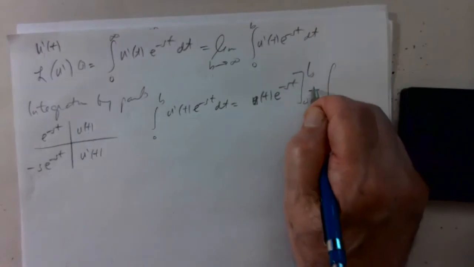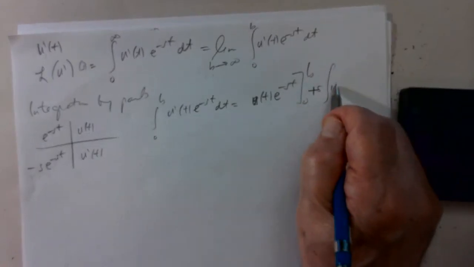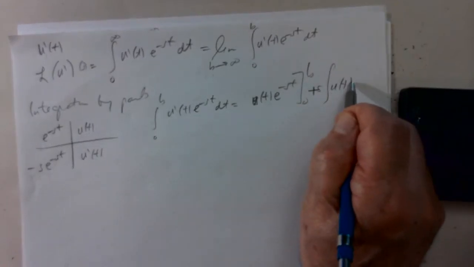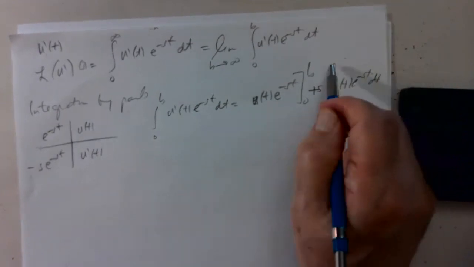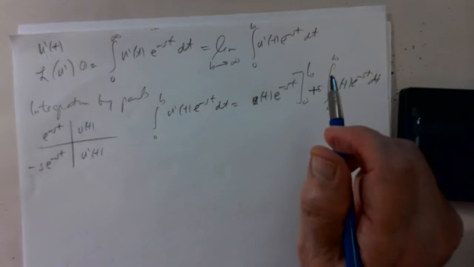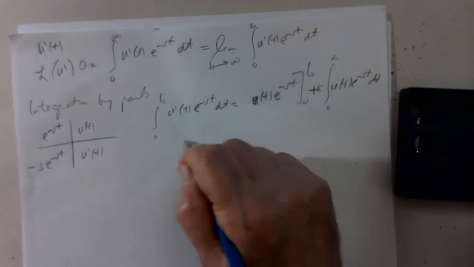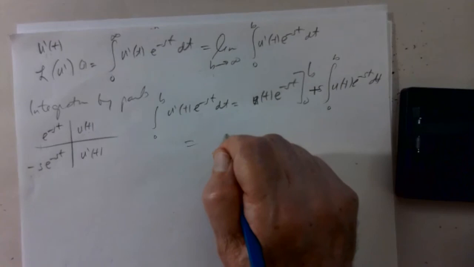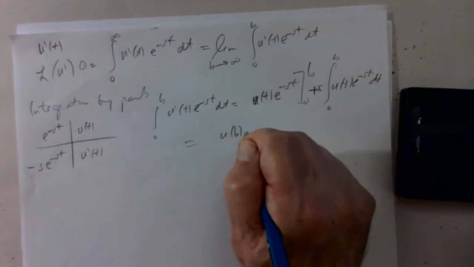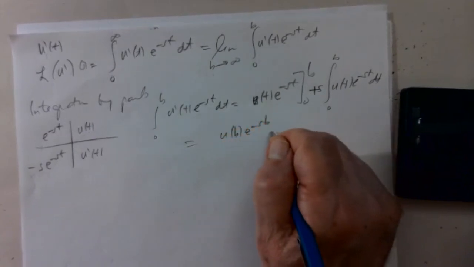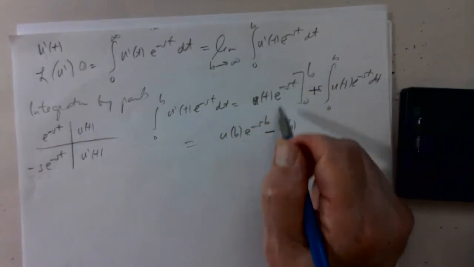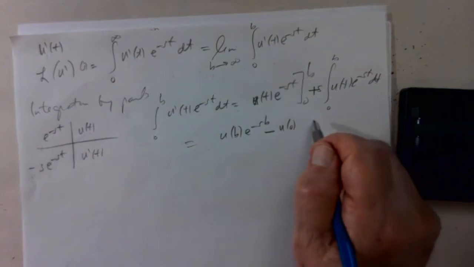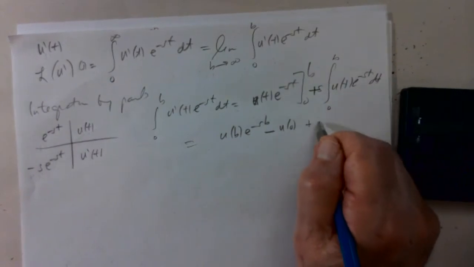Minus times minus makes this a plus s, integral of u of t e to the minus st dt, from 0 to b. What is this? This is u of b e to the minus sb minus u of 0. At t equals 0, e to the 0 is just 1, so minus u of 0, plus this integral.